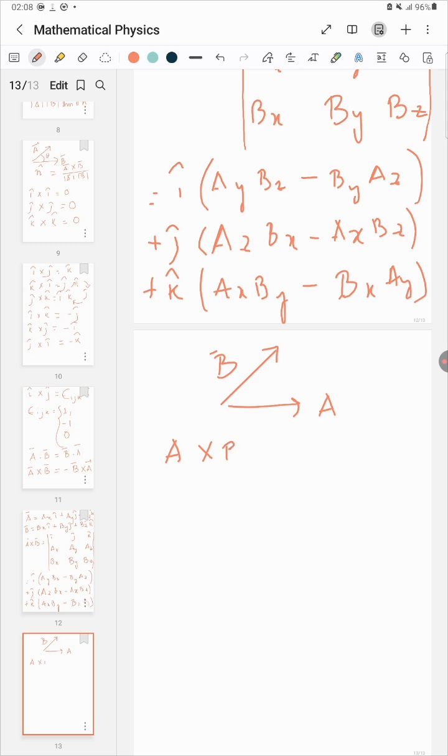A cross B is nothing but modulus of A, modulus of B, sine theta with the n cap. When I write A in this way, it means modulus of A, and this means modulus of B, only the magnitudes.